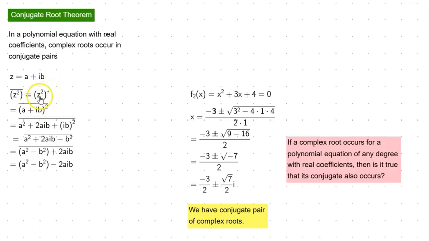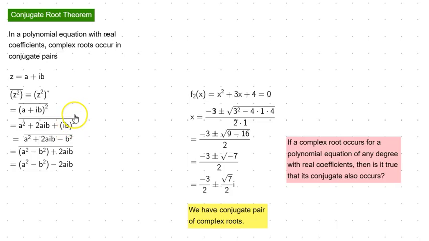Let's substitute z with a plus ib. So we have the conjugate of (a plus ib) square, and let's expand (a plus ib) square. We get the conjugate of a square plus 2aib plus (ib) square.